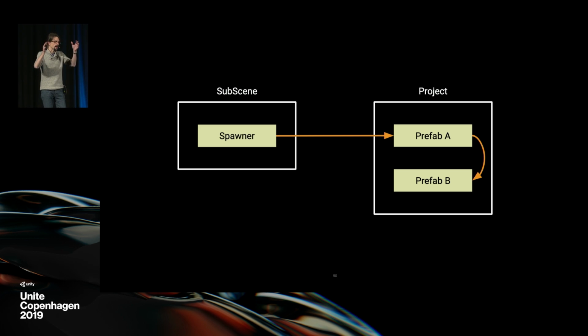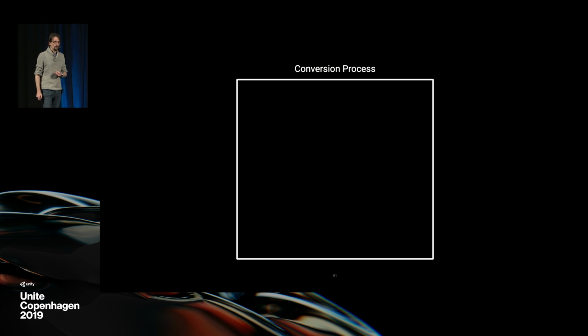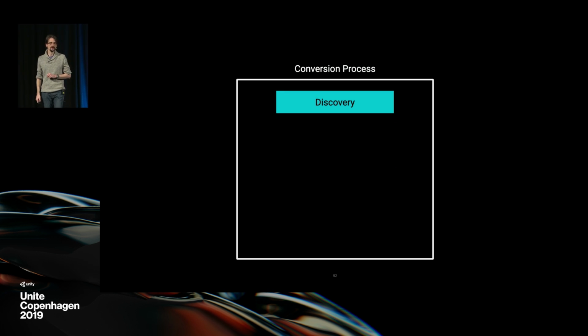But the subscene is like the to-do list for the conversion system. This is where it will find all the things that have to be turned into entities. Since the prefabs are not there, we will have to explicitly declare that we also need these. We do it this way. The conversion process is roughly 3 stages. The first one is the discovery. It's where the conversion system just figures out the set of GameObjects to turn into entities.